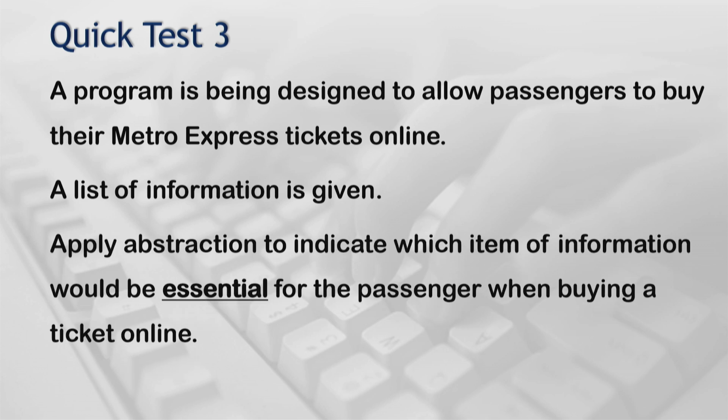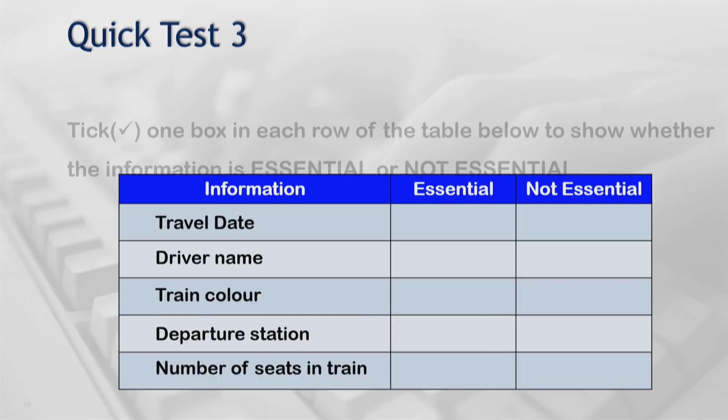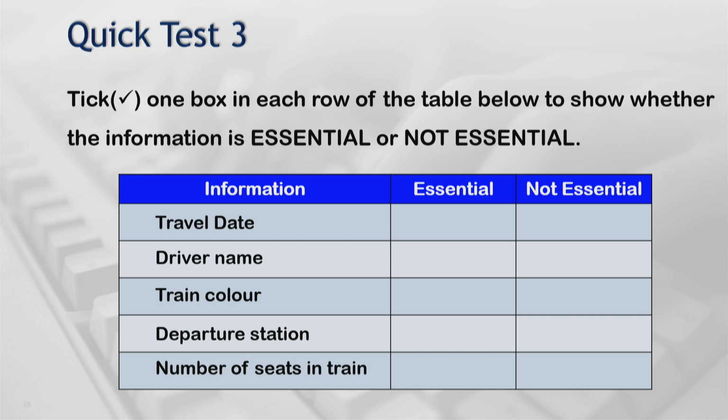Apply abstraction to indicate which item of information would be essential for the passenger when buying a ticket online. Tick one box in each row of the table below to show whether the information is essential or not essential.